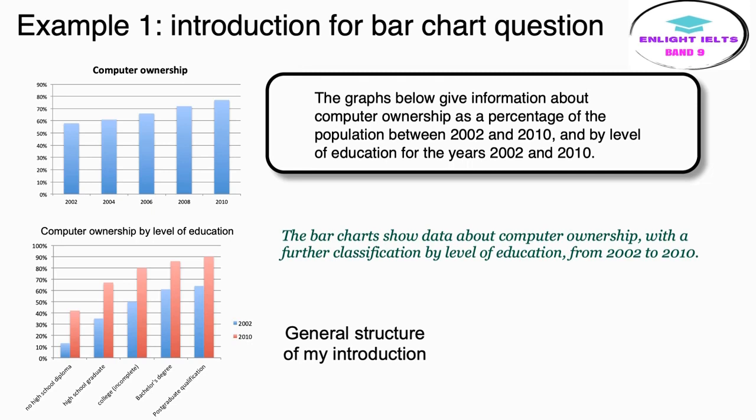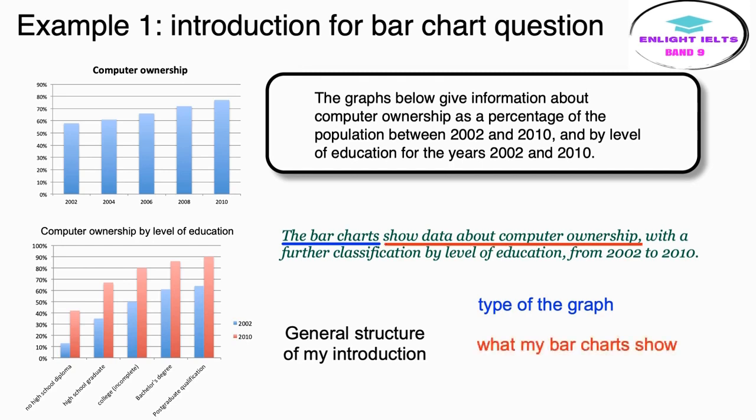So first of all, I gave the type of the graph. In this case, it was bar chart. Afterwards, I explained what my bar charts show. In this case, the bar charts show data about computer ownership. And finally, I also indicated the time period.